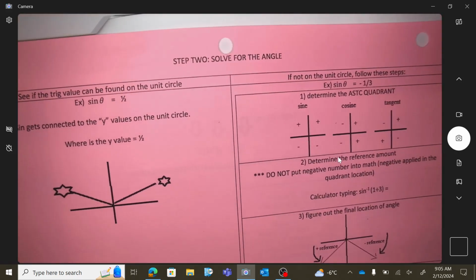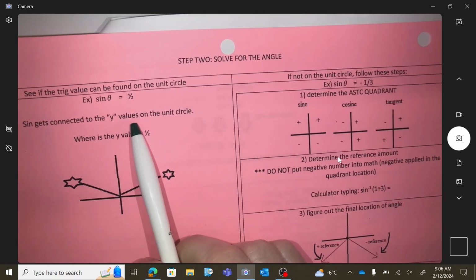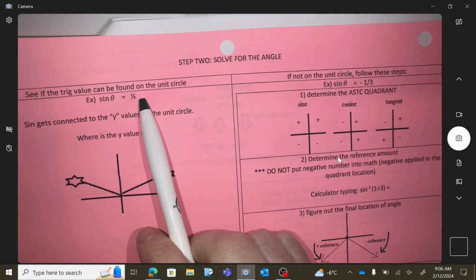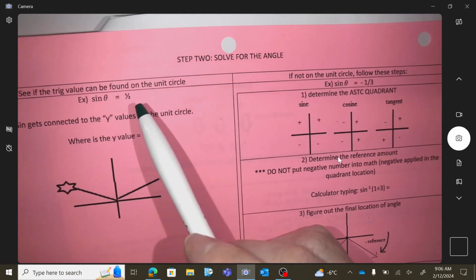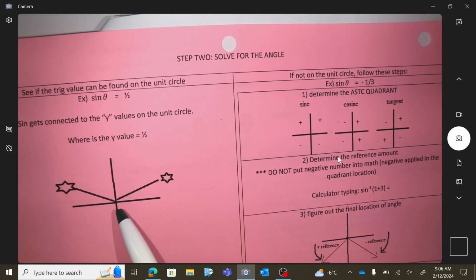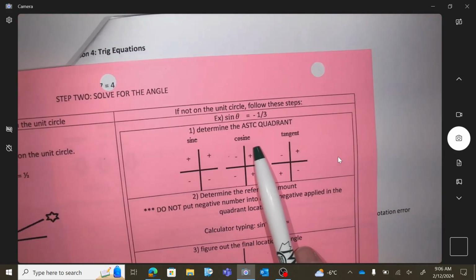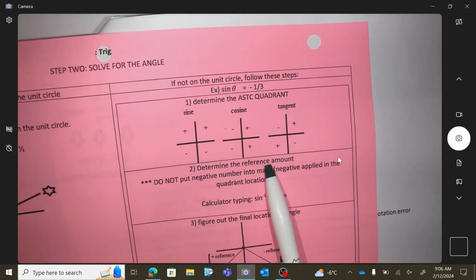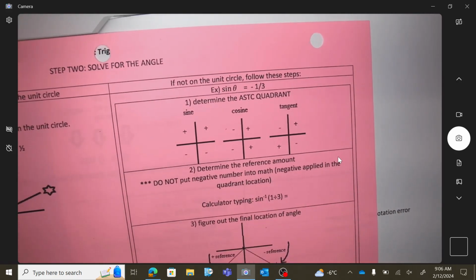Then flipping. So step 2 is the angle part of it. Once I have an equation equal to a trig value, I ask myself, where could it be? And I use ASTC. So step 1, ASTC, figure out your quadrants. Here's some tricks for you.